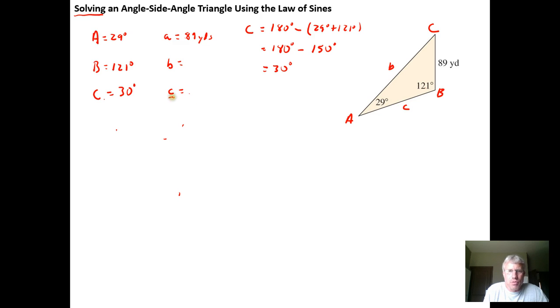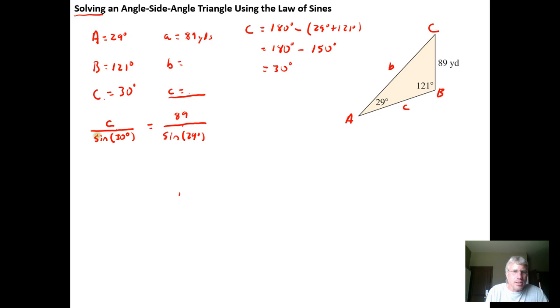So if I want to find side length c right here, I'm going to start by putting c in the numerator position, and then I'm going to put it over the sine of the angle, which is 30 degrees. Equals, and now we grab the angle for which we know the opposite side length already, and then I'm going to put the yards in the numerator and the sine of the angle in the denominator. So reciprocated from how it's usually written in a textbook, for example.